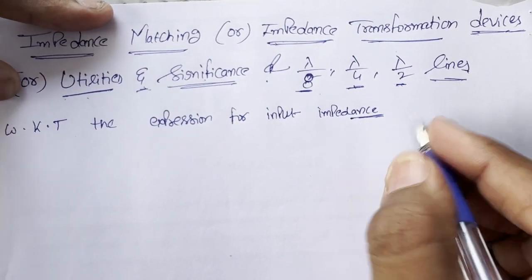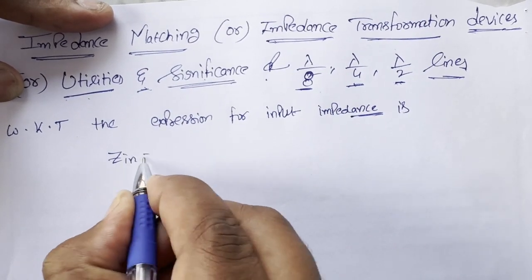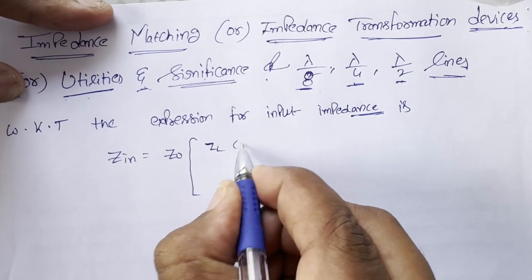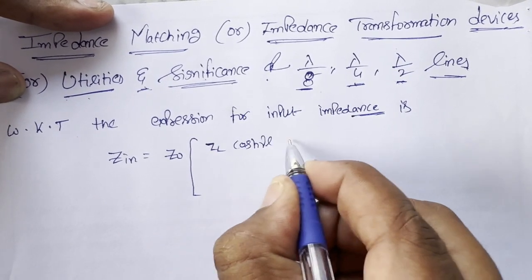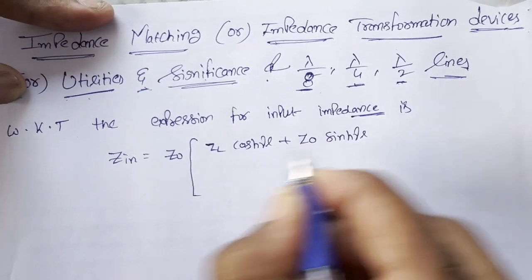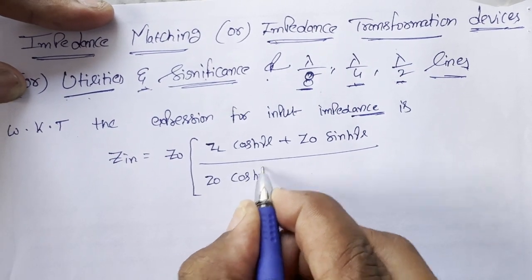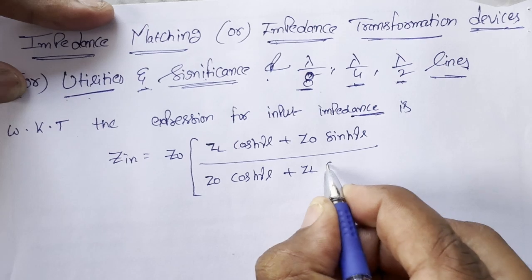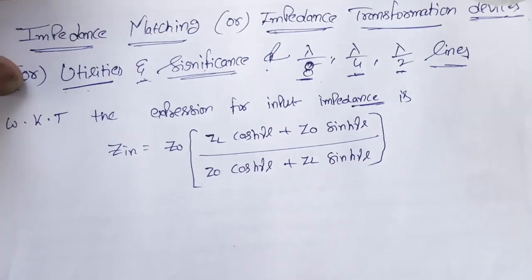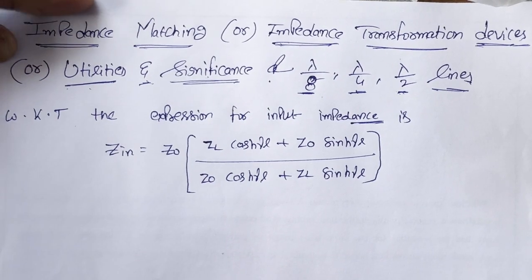This expression is Zin equal to Z0 into (ZL cosh gamma L plus Z0 sinh gamma L) by (Z0 cosh gamma L plus ZL sinh gamma L). It is the expression for input impedance we have already derived in our previous sections.